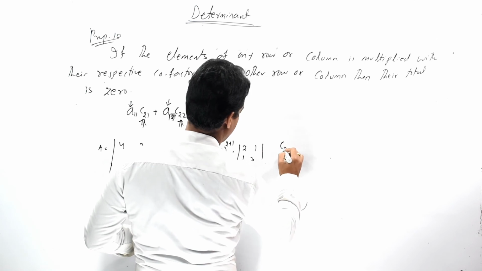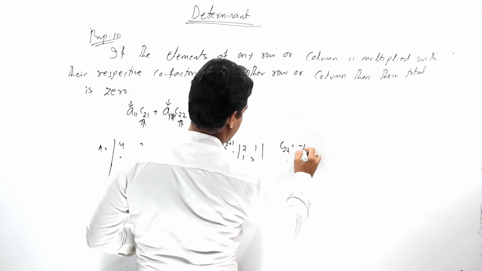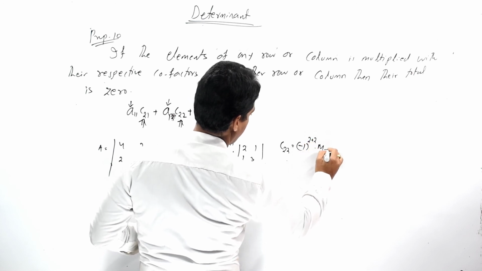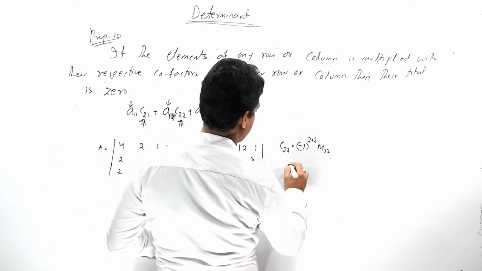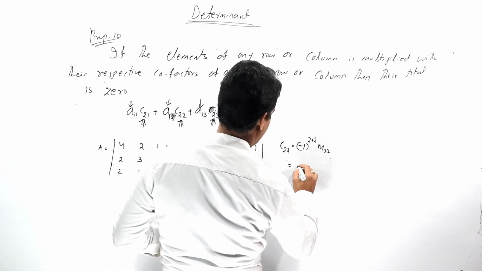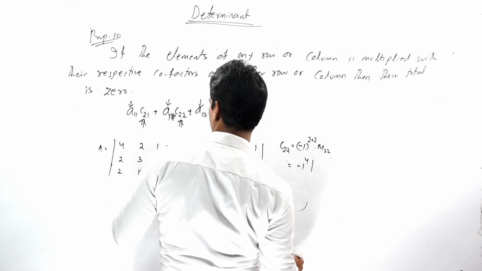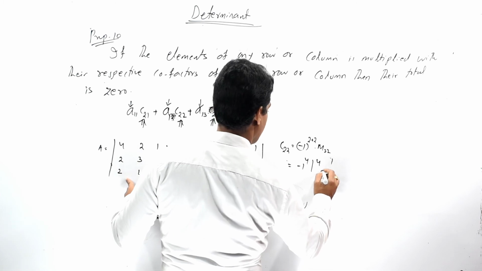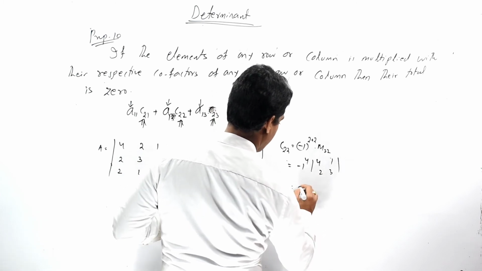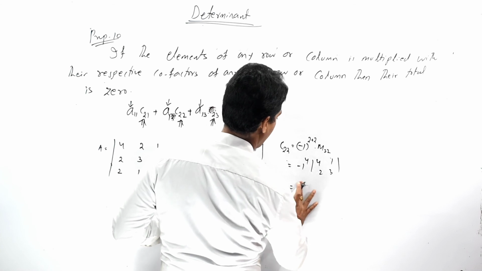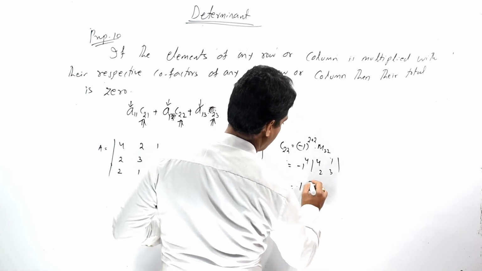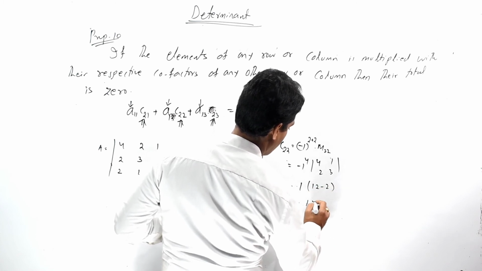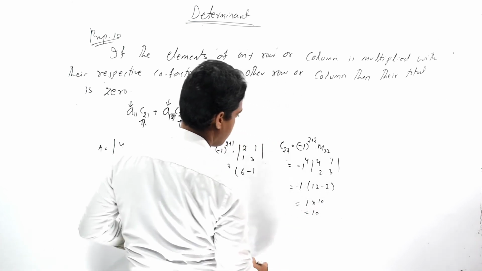Then C22 equals minus 1 to the power 2 plus 2 into M22, that is minus 1 to the power 4 into M22, that is 4 1 2 3, so plus 1 into 4 into 3 is 12 minus 2, that is 10.